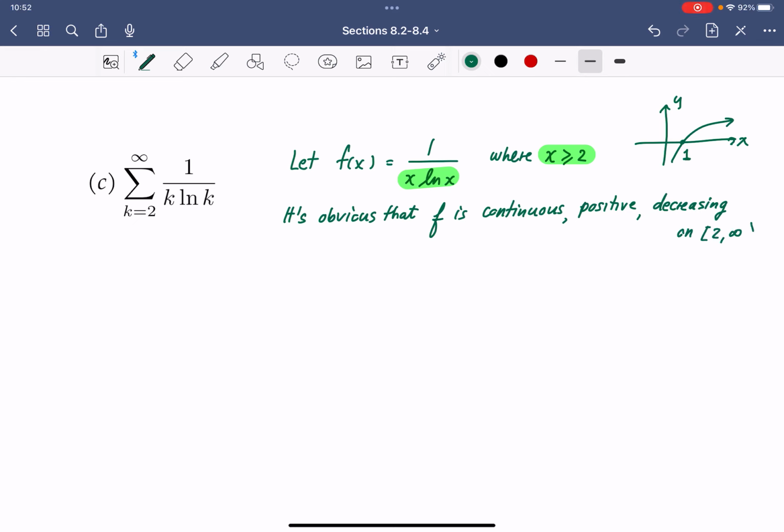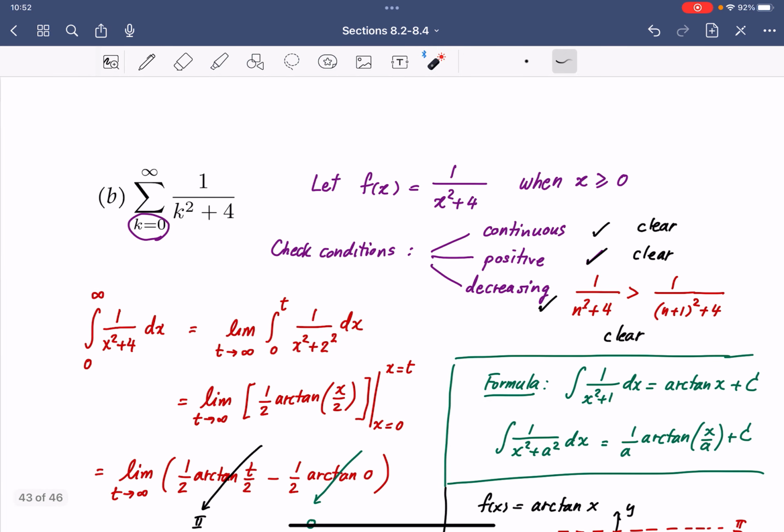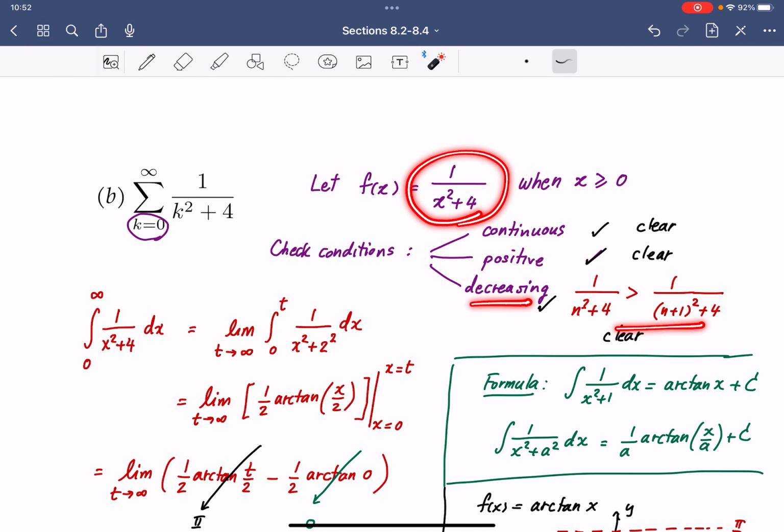Because when the function has 1 over something, if you plug in bigger x or bigger n, the bottom is going to be heavier, and that means the function is going to get smaller and smaller. So the function is decreasing for sure. When you see a function like this, it's okay to just say that it is decreasing. You don't have to show me f prime of x. It doesn't make sense.